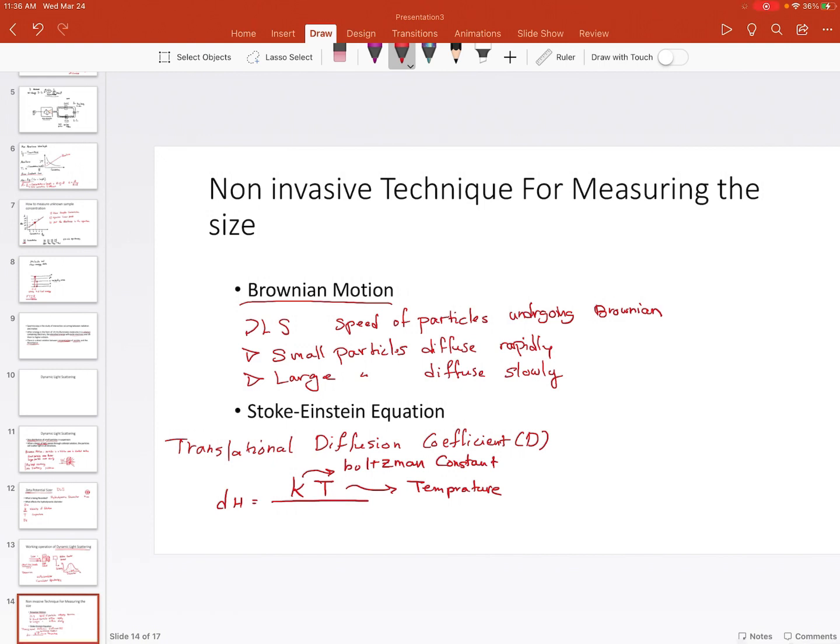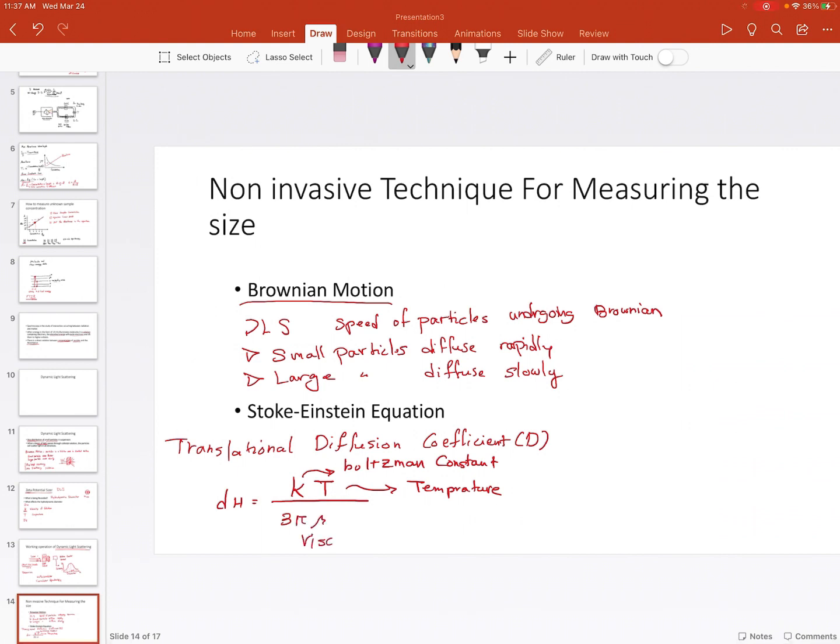So temperature is a parameter that is going to affect the movement of particles. If your solution has a high temperature, the particles are going to move faster. If we have a lower temperature, the particles are going to move slowly. So this is a parameter that we have to take into consideration for measuring the size of particles.